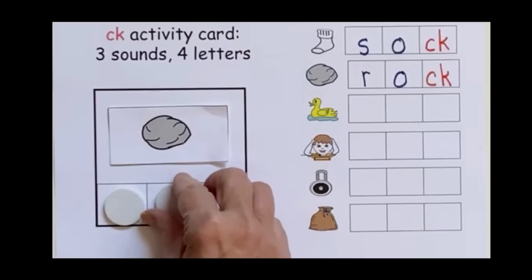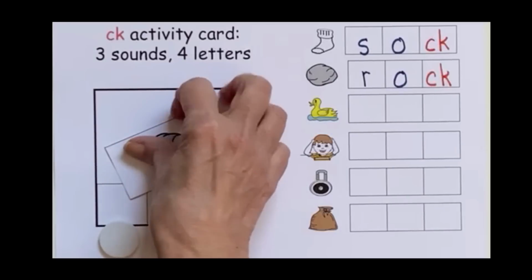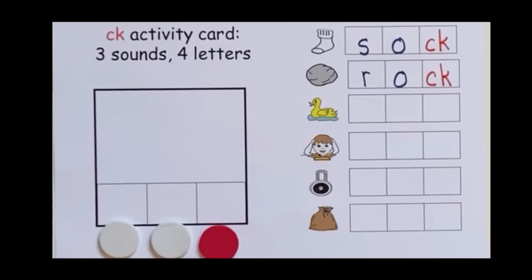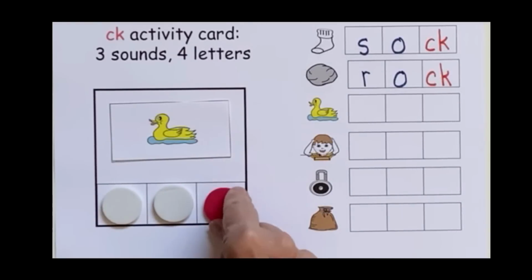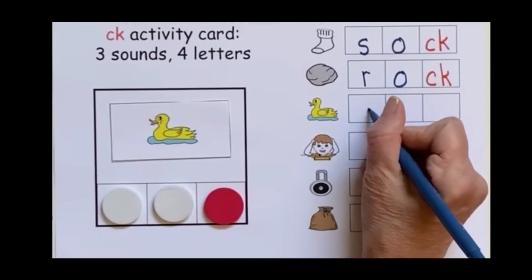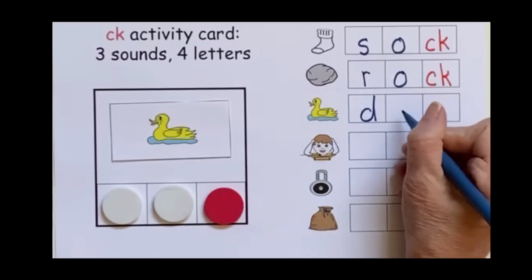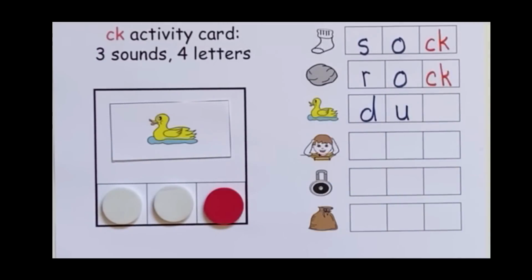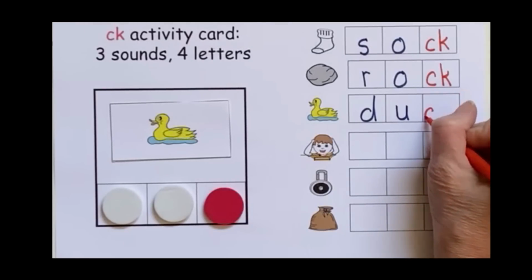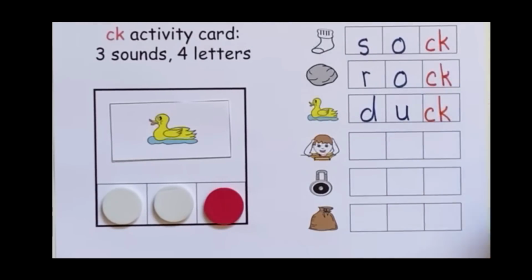Push down, get our next picture. We have duck. D-u-k. Then write it. D, short U, and our digraph C, K.